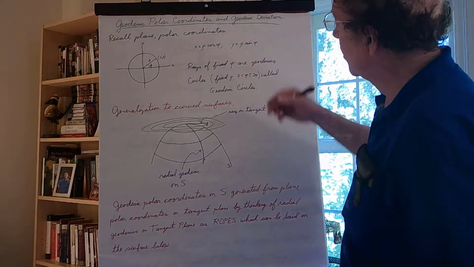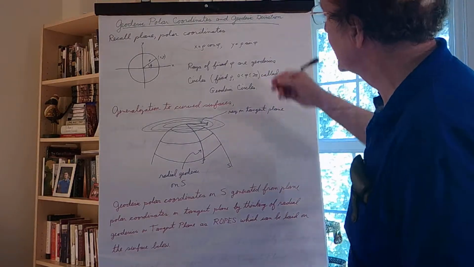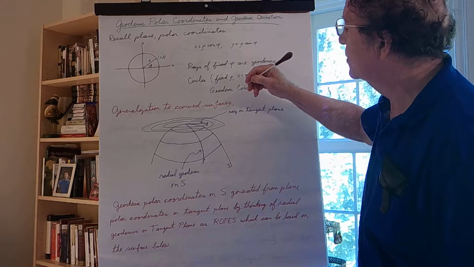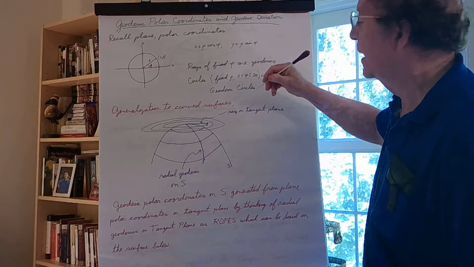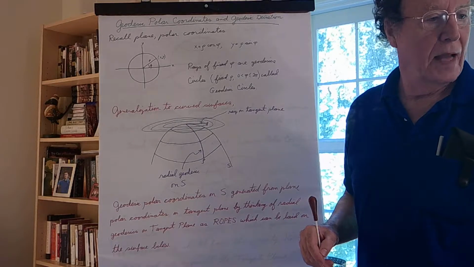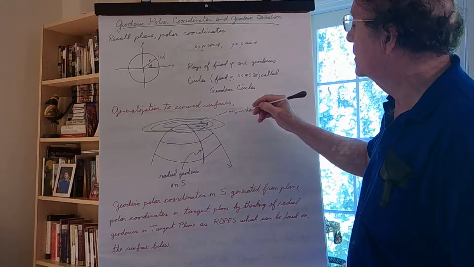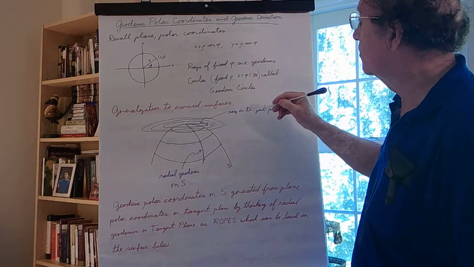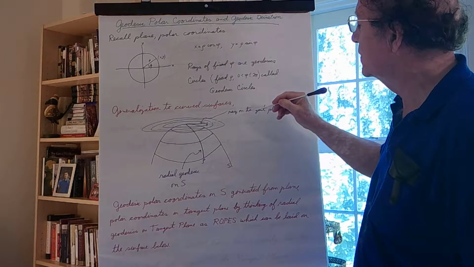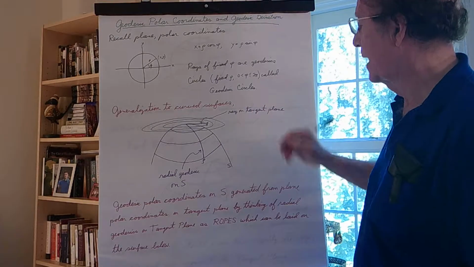Okay, so what I do to make Gaussian polar coordinates is that I think of this ray on the tangent plane as a bit of flexible rope. Then I simply set up my Gaussian polar coordinates on the surface by letting the rope fall onto the surface, as shown.